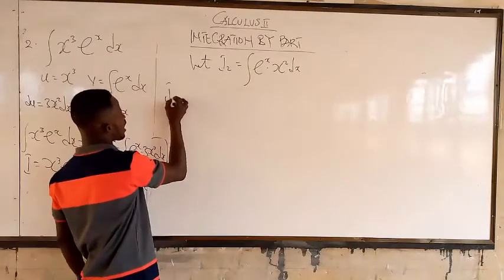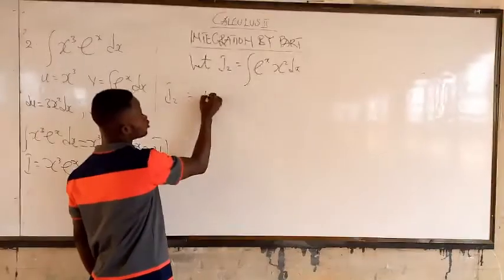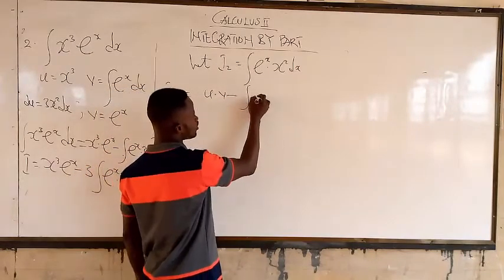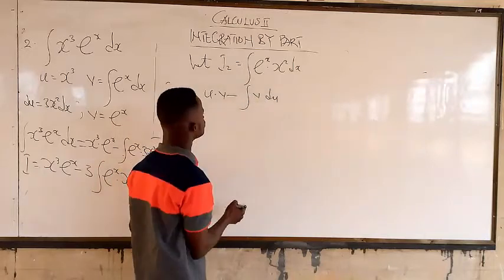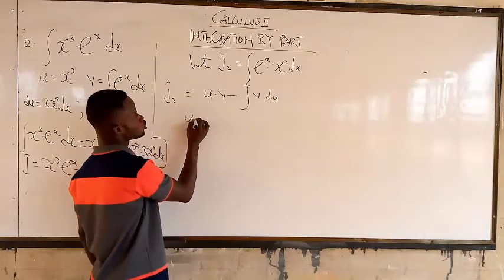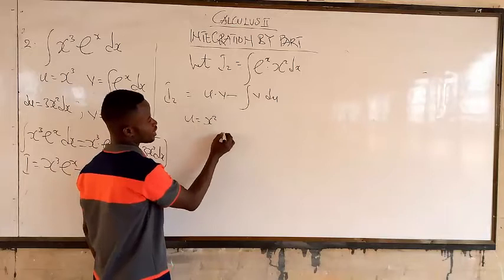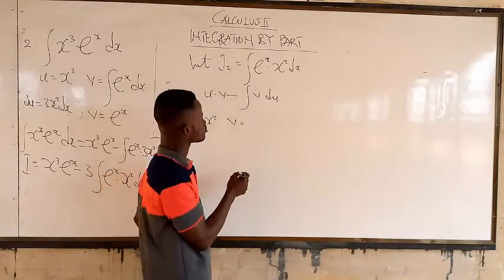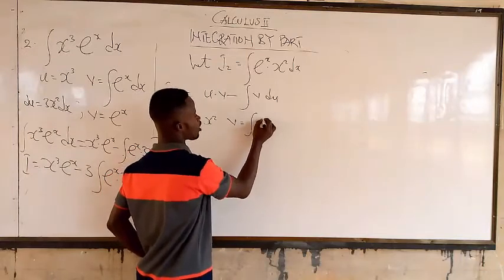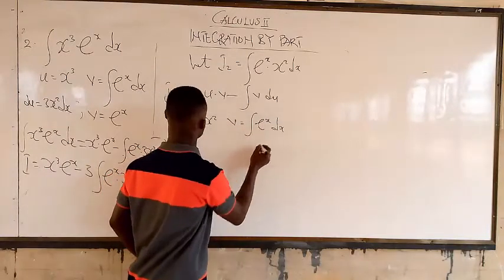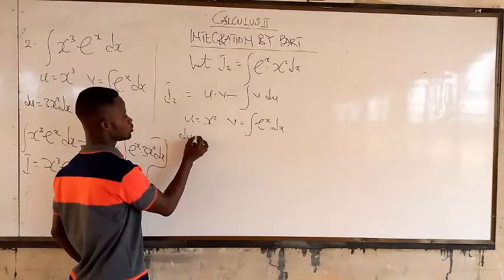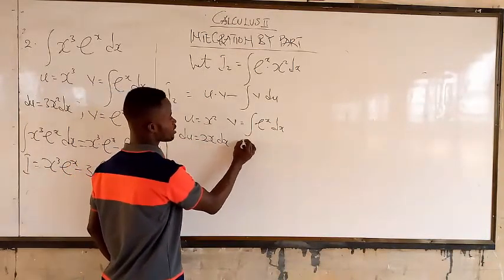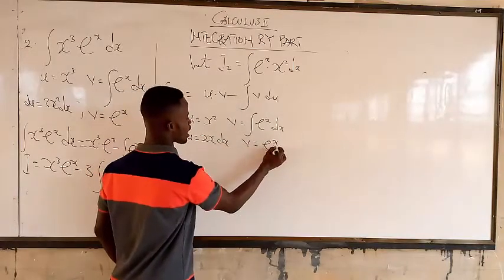So I2 is going to be equal to uv minus the integral of v du. So u will be s squared. Then your v is going to be equal to the integral of e raised to the power s ds. So you get du is equal to 2s ds. Then v is equal to e raised to the power s.